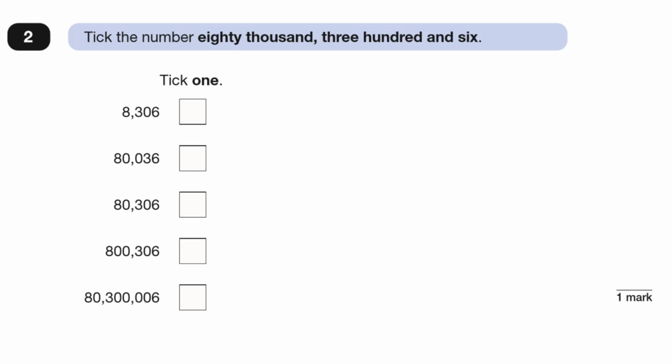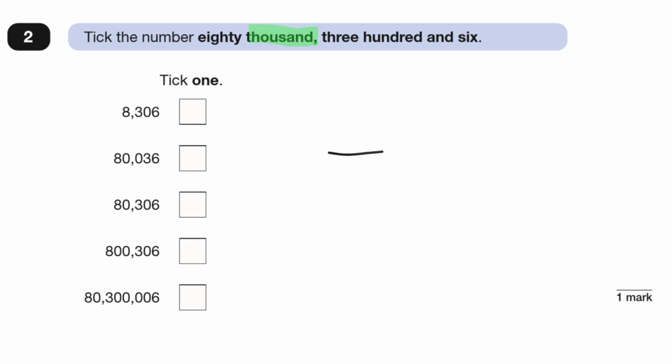Question 2, tick the number, and then in bold we've got 80,306. We've got a variety of numbers going down. It says tick 1, so only one of these numbers is 80,306. Now this is why I like to use separators. Every time I have 1,000, I'm going to be separating that with a separator.